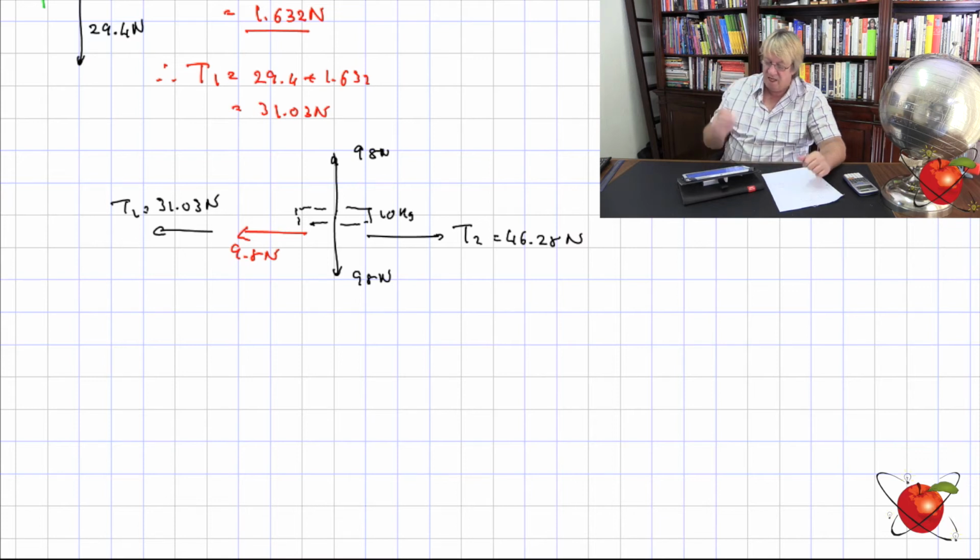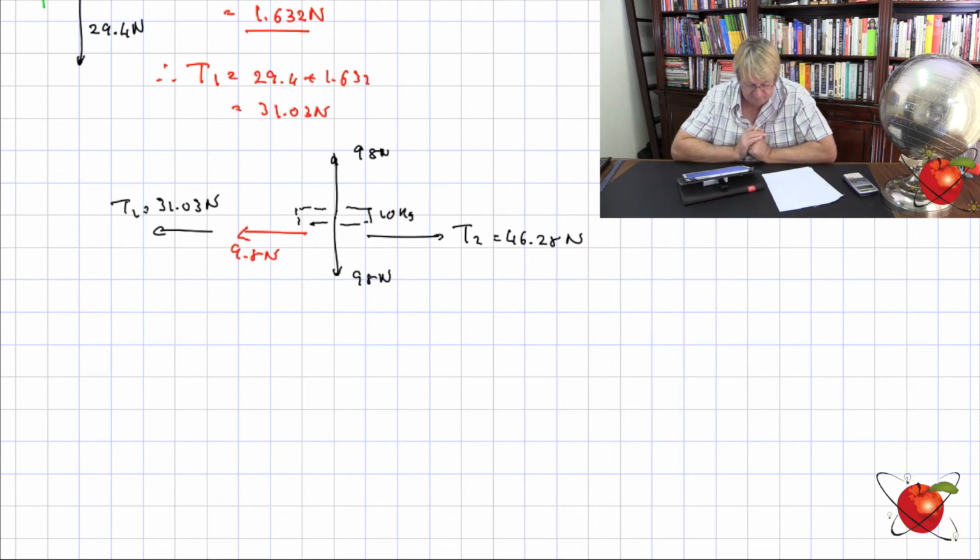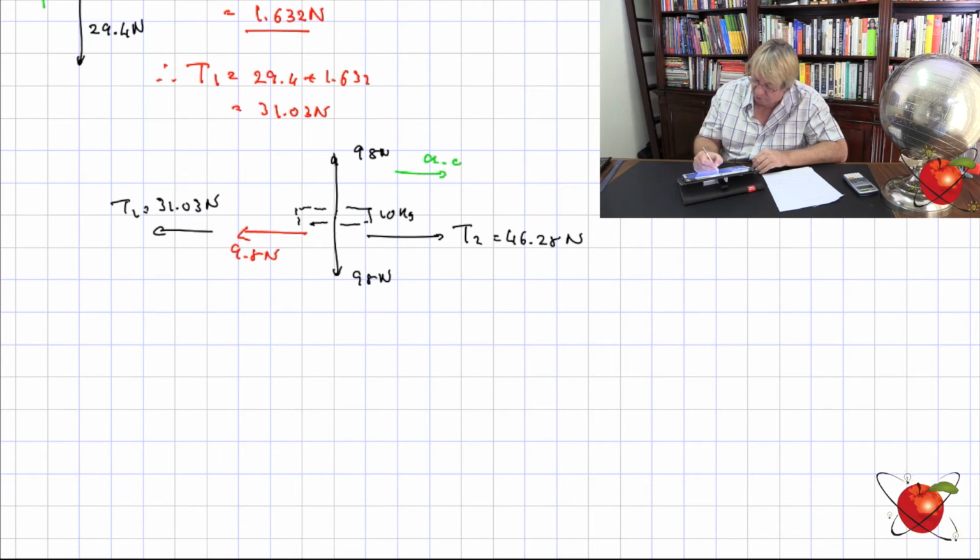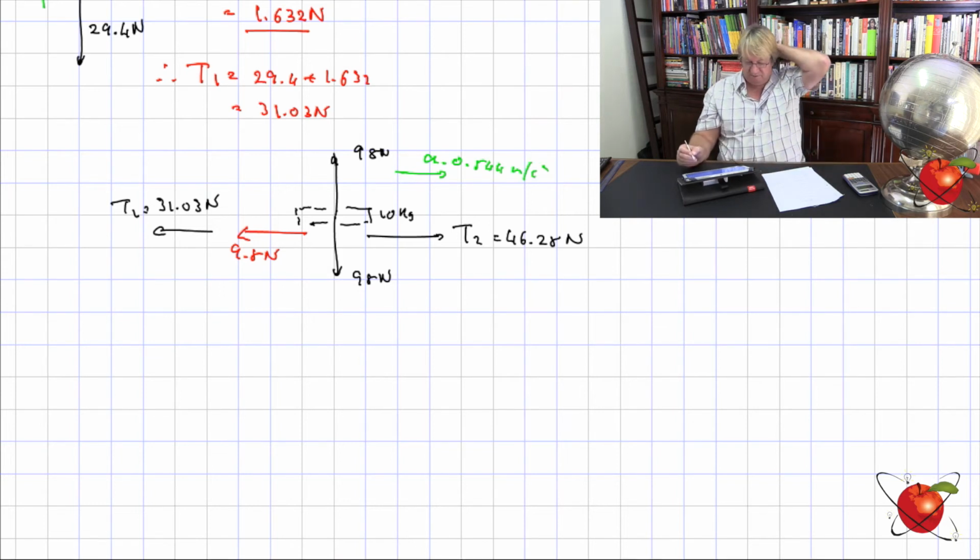Right? Now let's have a look at this block and see if there's an F net on this block. But first we have to say to ourselves, hold on, we're missing something. We haven't yet put in our acceleration, 0.544 meters per second squared, right? All right? That's what's happening.